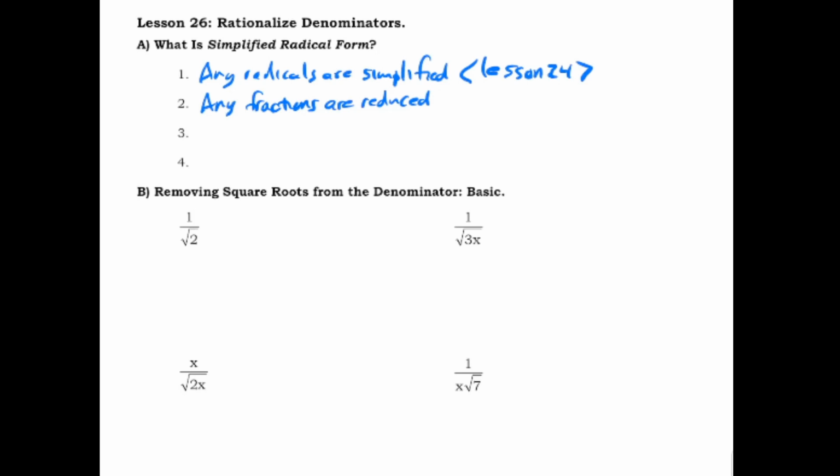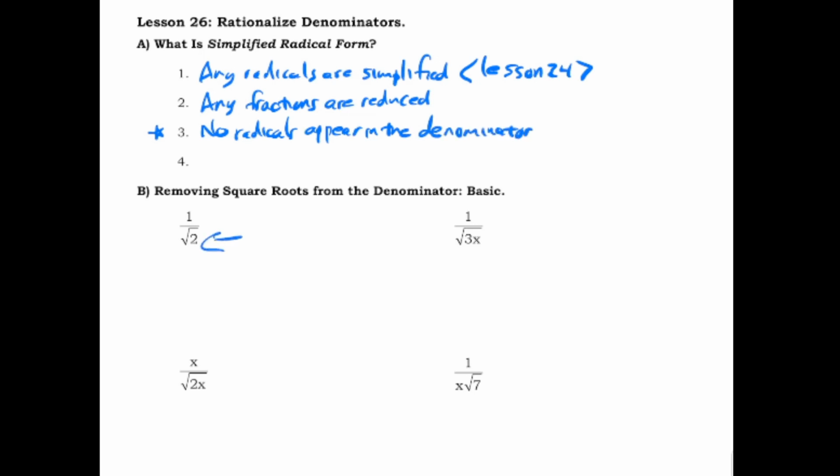Here's another thing you need, and this is the big one for today. No radicals appear in the denominator. If you have radicals in the denominator, like we do here, well, that ain't etiquette.